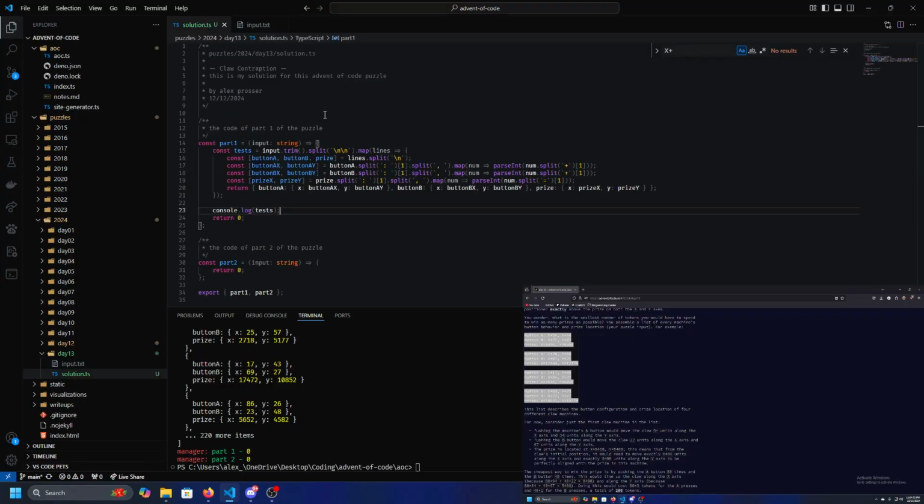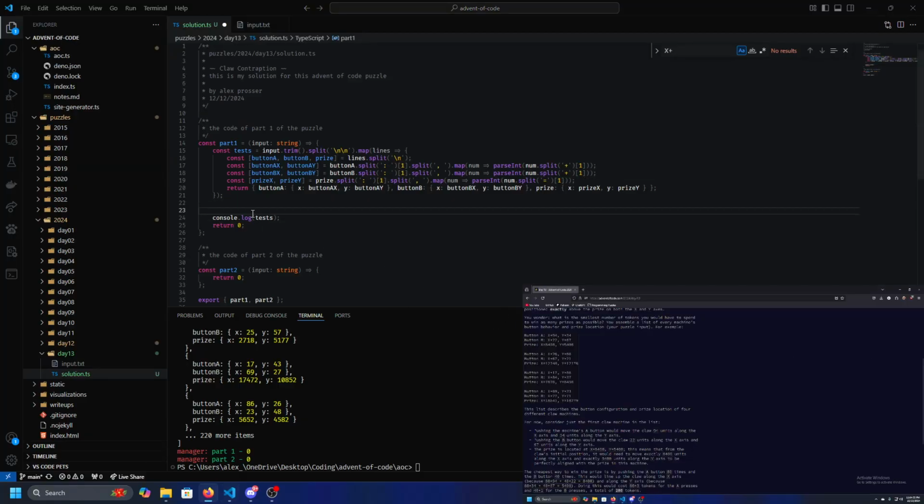So, if I'm not mistaken, this is just a formula, essentially. For this first one, it'd be 94A plus 22B and 400 is equal to 34A plus 67B.